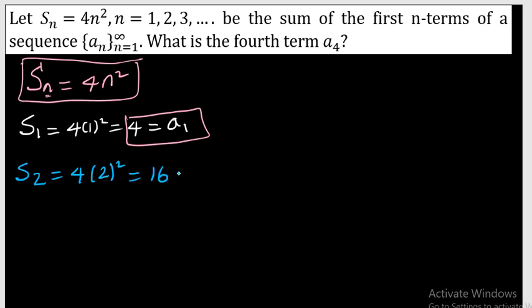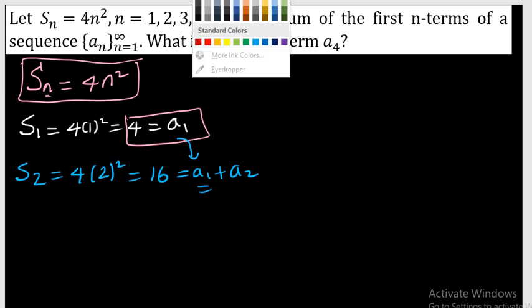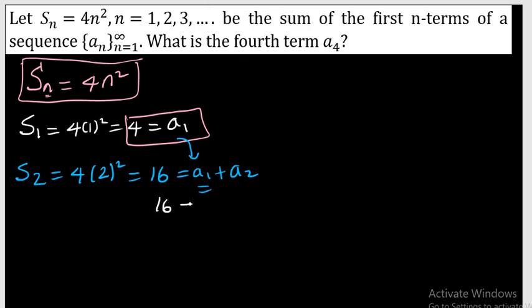But what does this mean? This is the same as a1 plus a2. But we know a1; we got it, 4. Therefore 16 is equal to 4 plus a2, so a2 is equal to 12. This is a2, keep it.